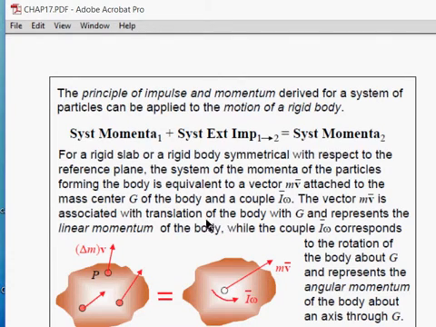So this is the resultant after a prior motion, or the new motion, the momentum. Okay.